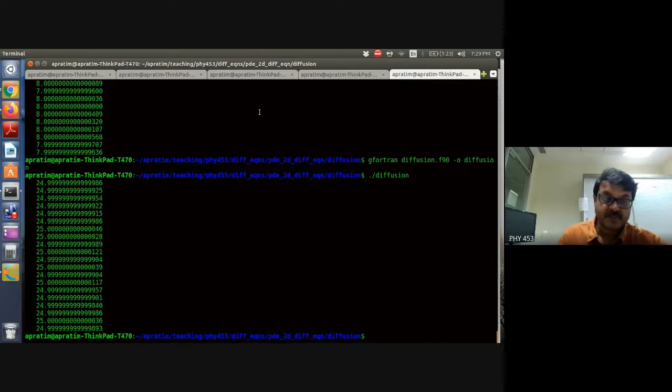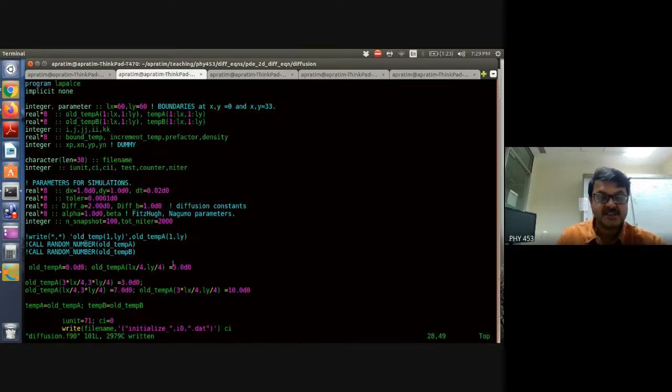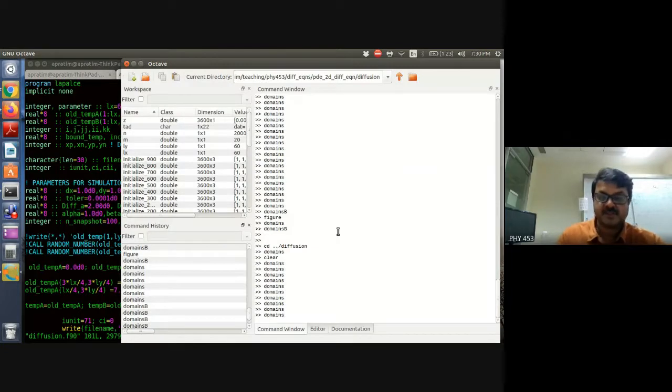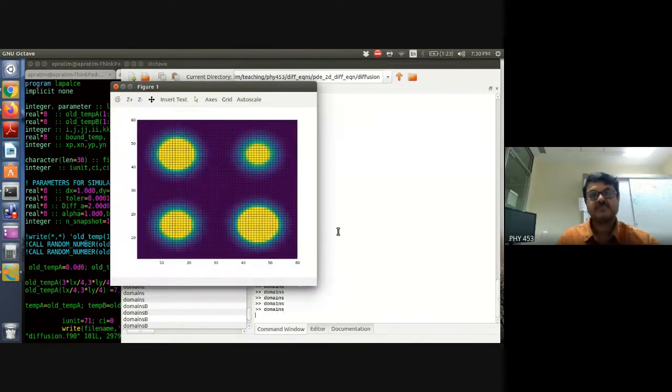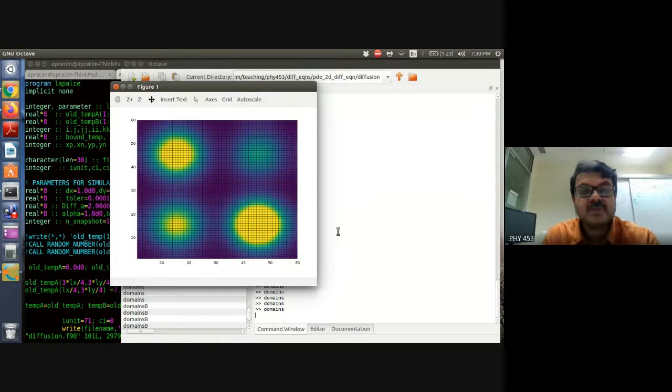Diffusion.com. Sum. Sum is 25. Does it match? So the total density was 5 plus 10, 15, 7 plus 3, 10, 25. It matches. So let's see how these four droplets now diffuse out, right?